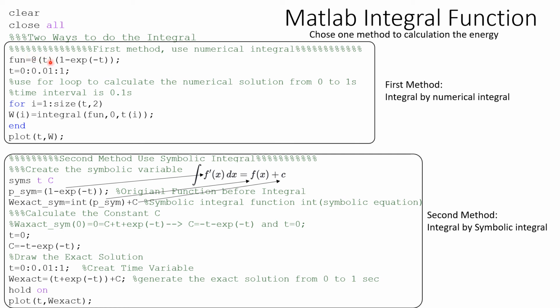The following part will be the input for the function. So the function will be 1 minus exponential minus t, our integral function. If I have this function, I want to do the integral of 1 minus exponential minus t from t1 to t2.